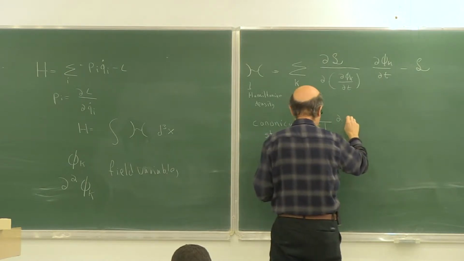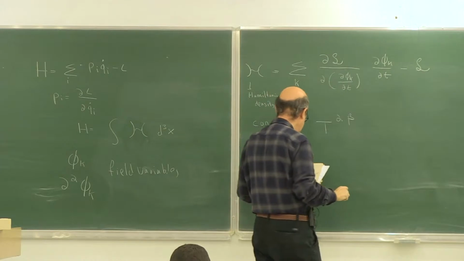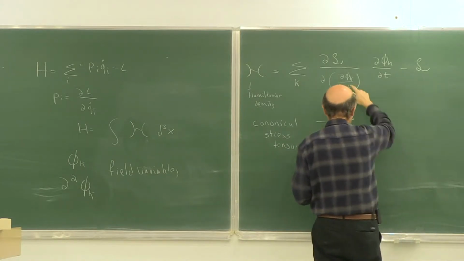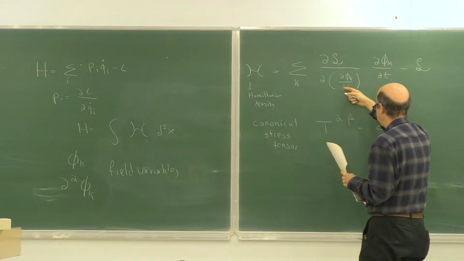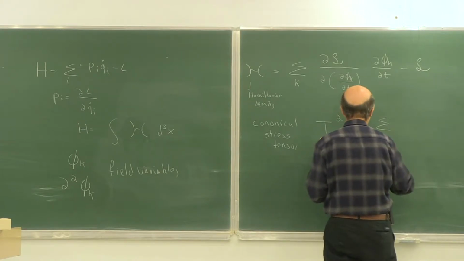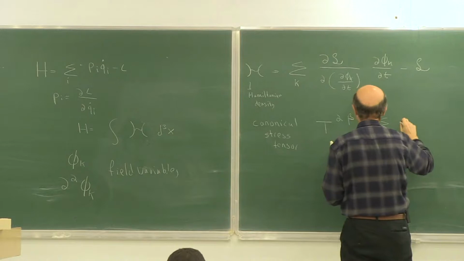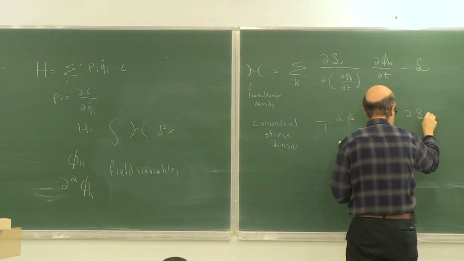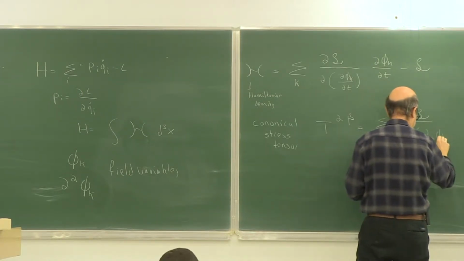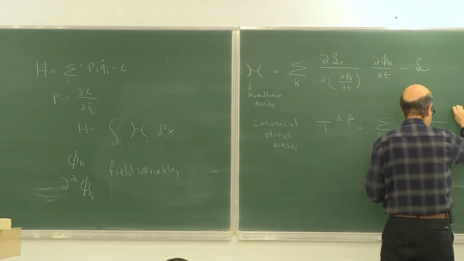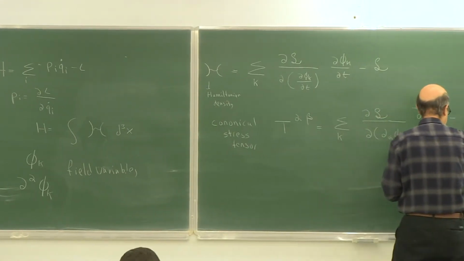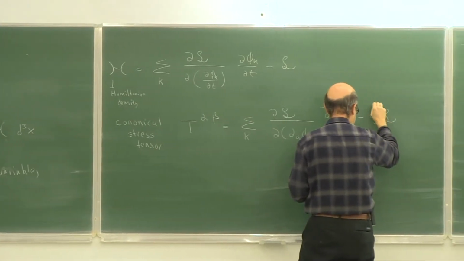For a second rank tensor, T alpha beta, you can write it like the Hamiltonian, but instead of the derivative with respect to time, you use the derivative with respect to all coordinates, and for a given space and time you can have more than one field. The expression will be the following: del Lagrangian density over del of del alpha phi k, times del beta phi k, minus the Lagrangian density multiplied with the metric tensor.